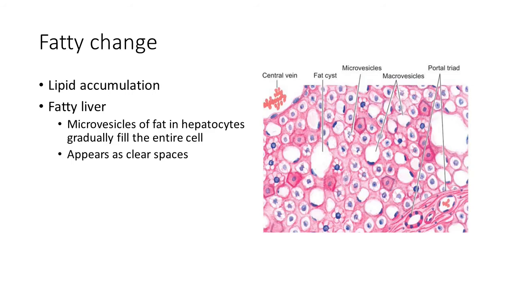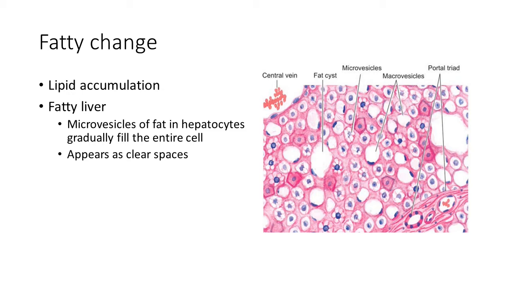Coming to the next type of reversible cell injury, that is fatty change. Fatty change or steatosis refers to intracellular accumulation of neutral fat within the parenchymal cells. That is intracellular accumulation of lipid, that is fat.